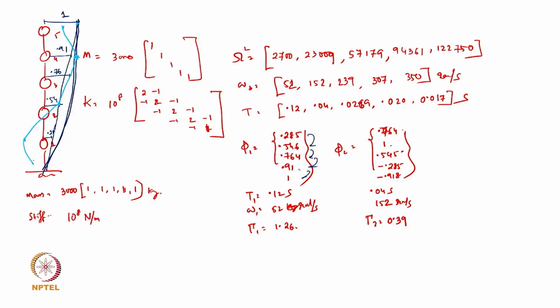I'm sorry, a little mistake. Yeah, it should be like that. So first one is negative 0.91, then 0.28 somewhere here, then 0.543 somewhere here, then 1, then 0.76. So the next one will go like this. Okay.